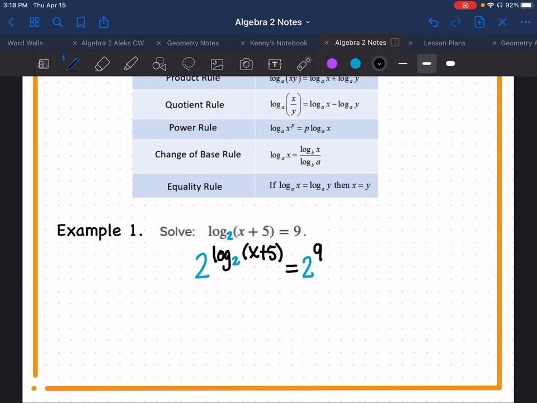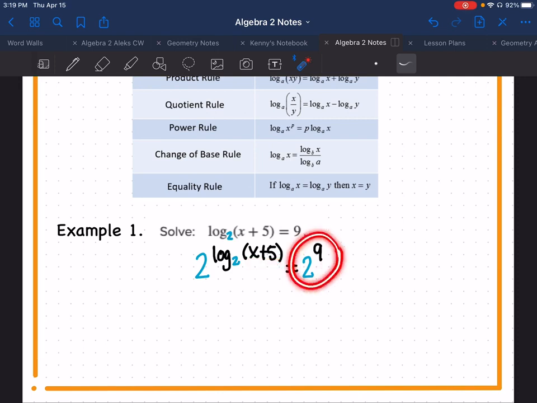Now, that inverse property says that this base of 2 is going to undo the log that goes along with it, and they're just going to cancel each other out, leaving me with this part, which is equal to this number.